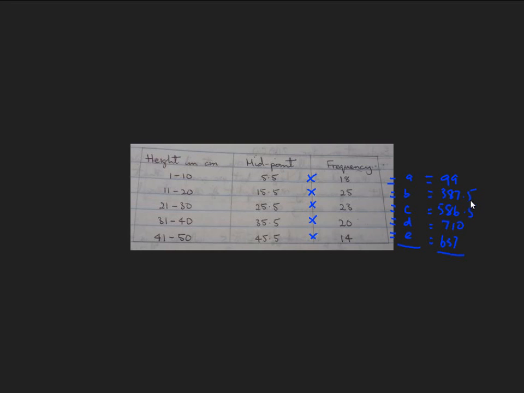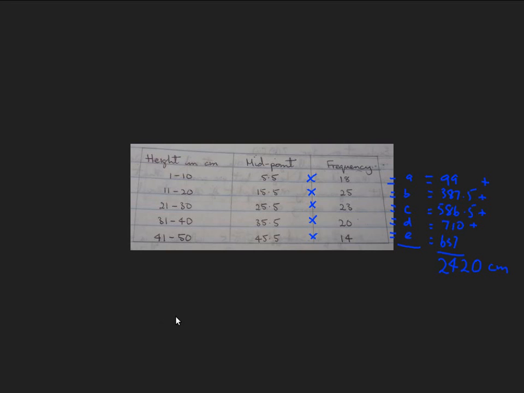And when we add all those up, this plus this plus this plus this plus this, when you add all those up, what do we get? We get 2420 centimeters.